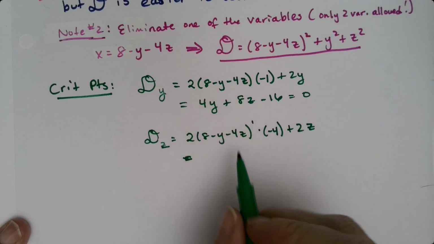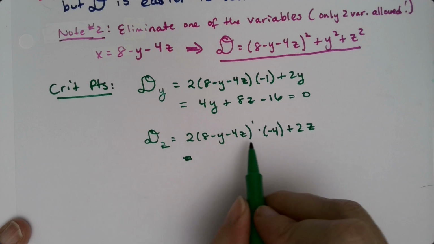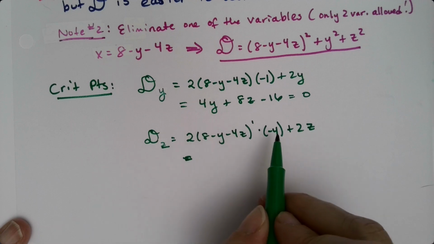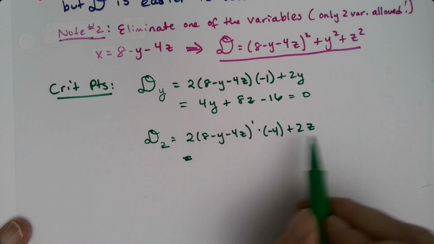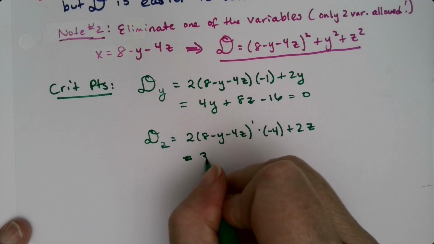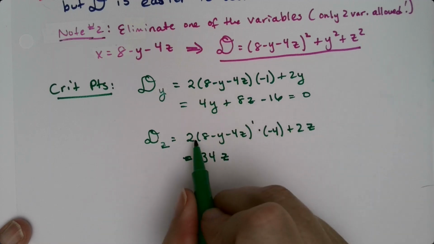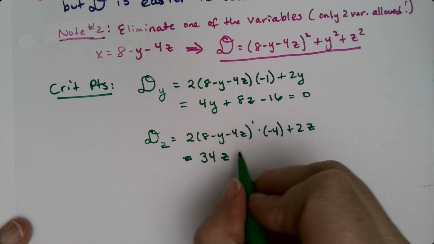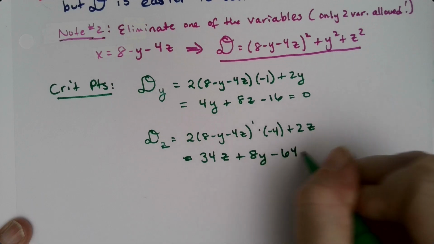Again, combining like terms, we have 4 times 4 times 2. So that's 16 times 2, so that's 32. 32 plus 2 makes 34z. Minus 8y times a minus 1, so plus 8y, minus 64.